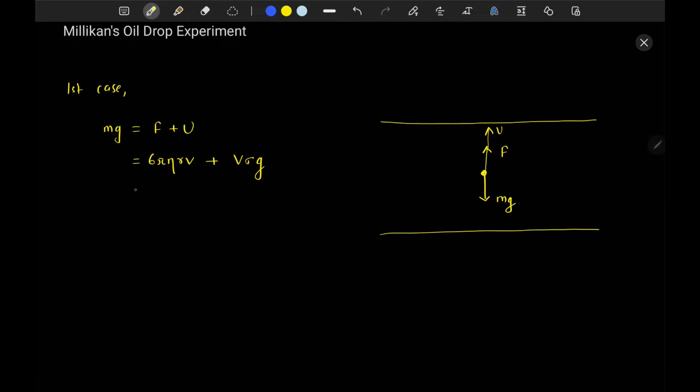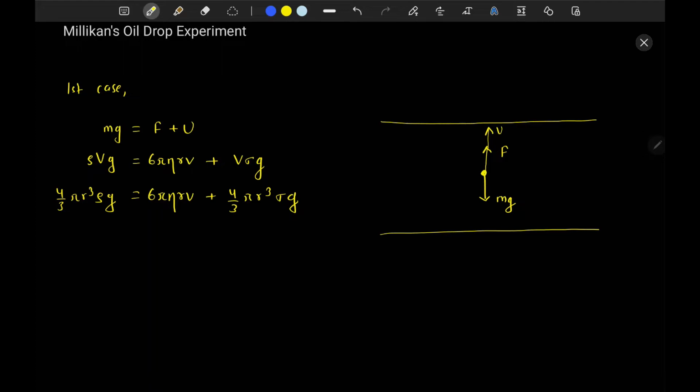If the radius of the drop is r, then the volume can be written as 4 by 3 pi r cube, since it is of a spherical shape. Similarly, mass can be written as density of the drop into volume, and volume is again 4 by 3 pi r cube, into density and g.